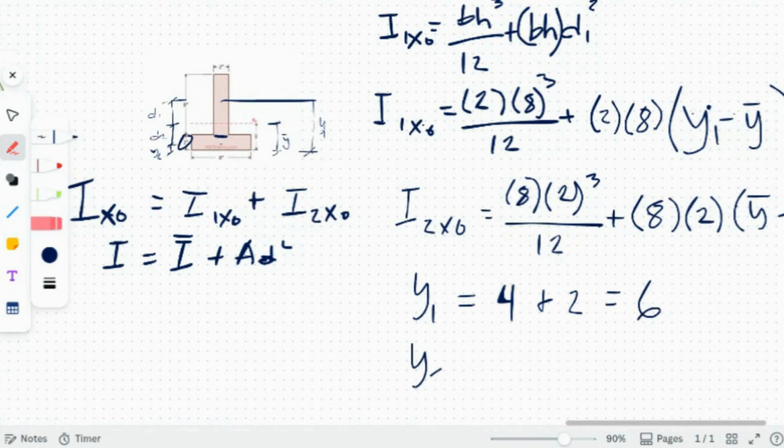Now Y2 is just the height 2 divided by 2, which is 1. 8 divided by 2.